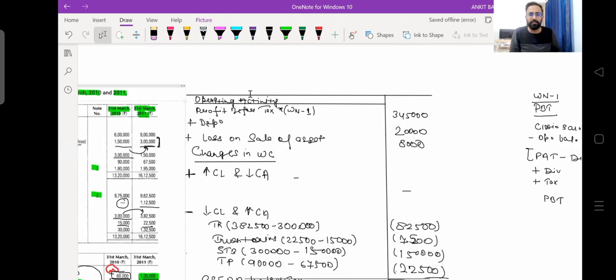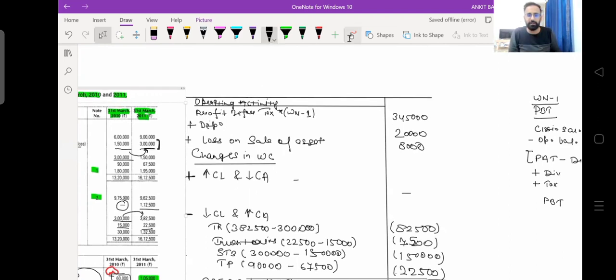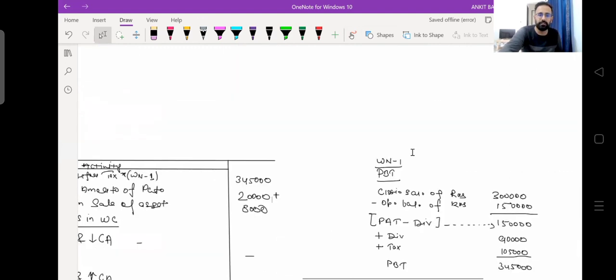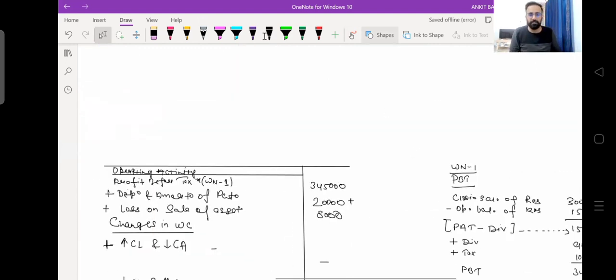So instead of changing all the values, I will write it down here: amortization expense, amortization of patent. What is the value of amortization of patent? It was 75,000 and the current value is 62,500, so we have to add back amortization of intangible assets. It will be 12,500. How have I calculated this 12,500?